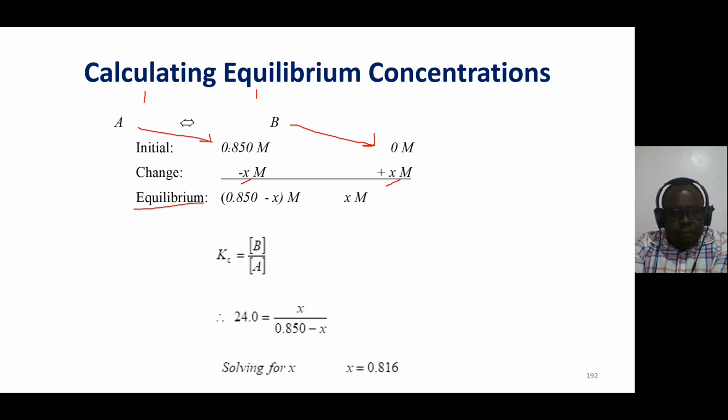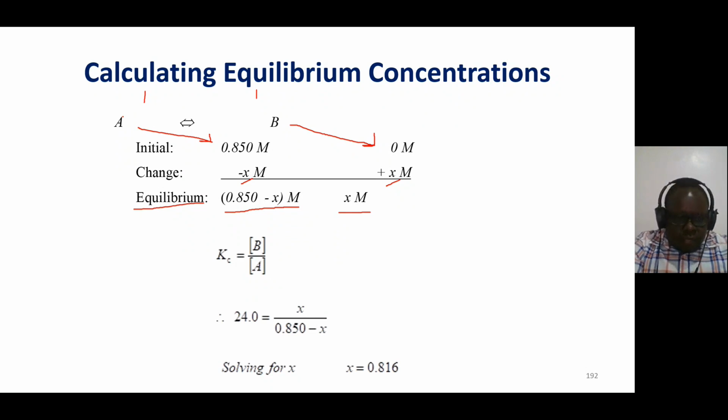So the equilibrium concentration of A is going to be 0.850 minus X molar. And the concentration of B is going to be 0 plus X, which is X molar.